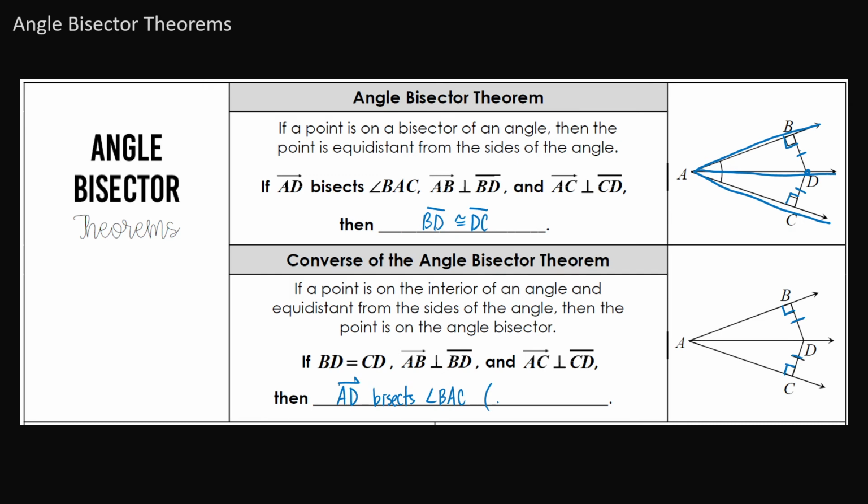And it also means that angle BAD is congruent to angle CAD. So we're saying that each part of this main angle is congruent.